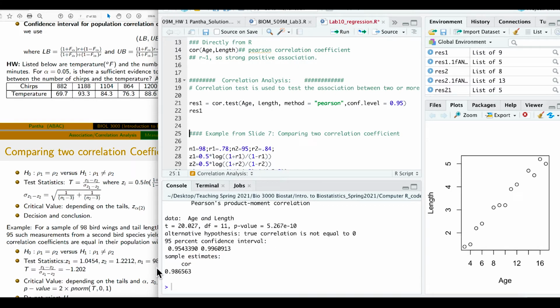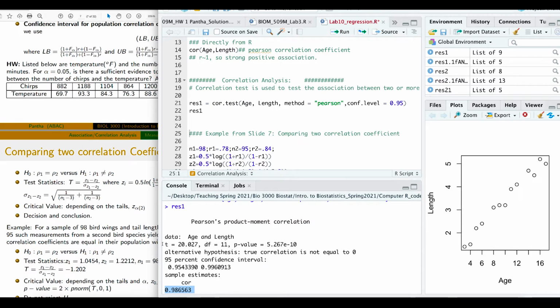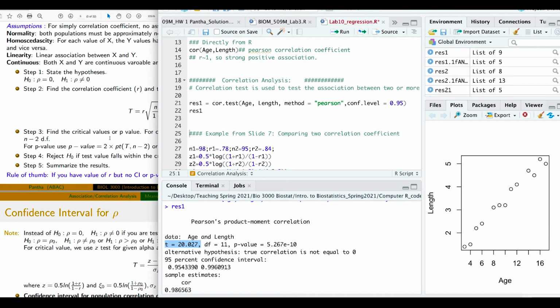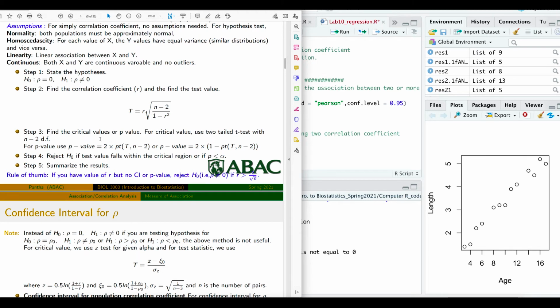This is what I got. See, the sample correlation coefficient we found is 0.9866. That's what we used. And then there are two different methods: one is the t-value method, another is the p-value method, or the critical value method, right?